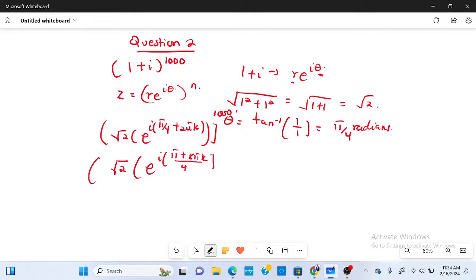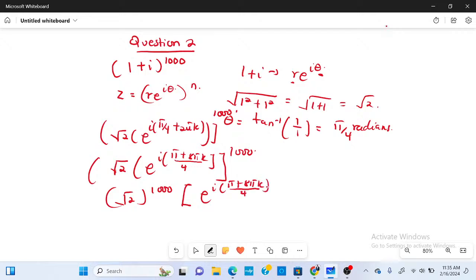All this is to the power 1000. This is where I'm going to apply De Moivre's theorem, which says the r part will take the power. So I'll have the square root of 2 all raised to the power 1000 in one bracket multiplying e^i pi plus 8 pi k all over 4.